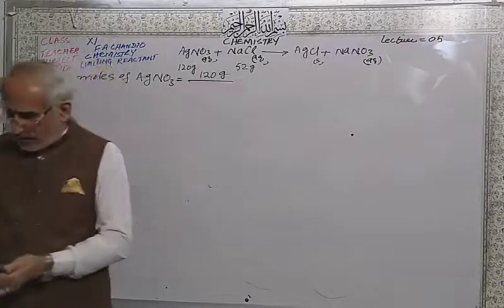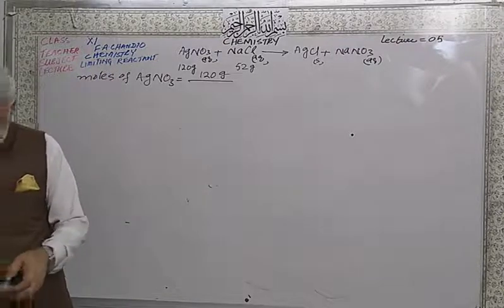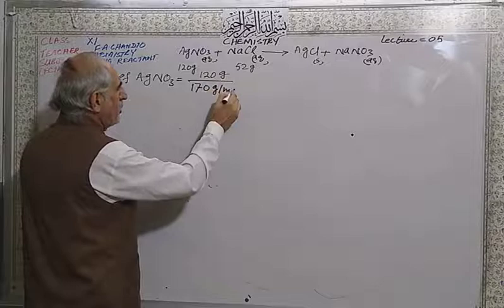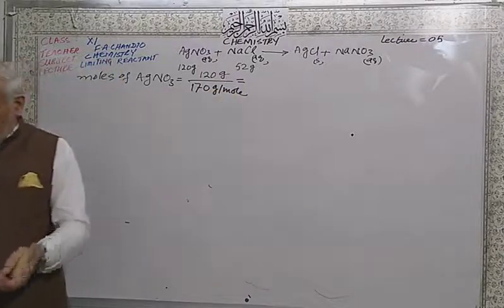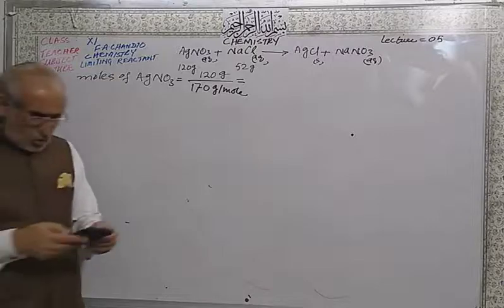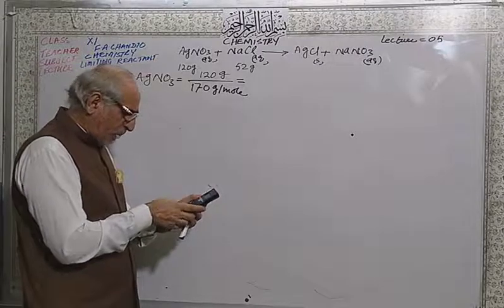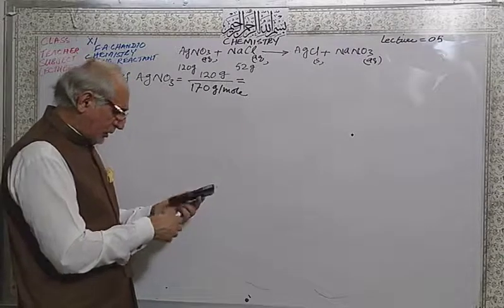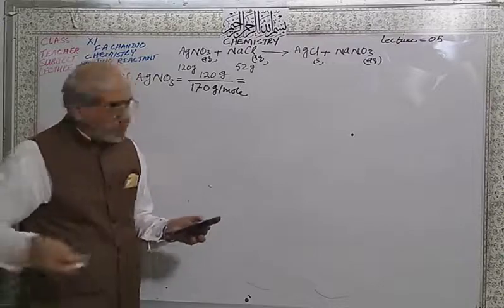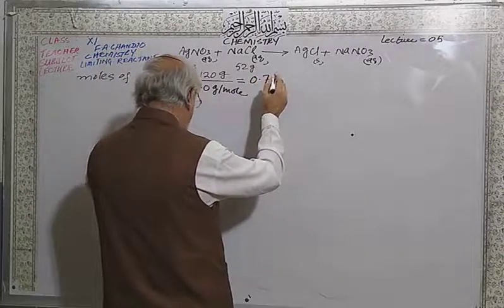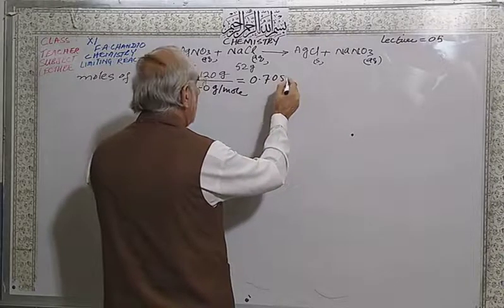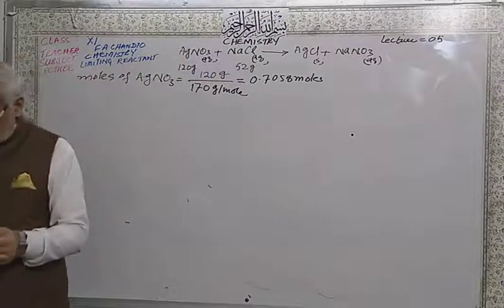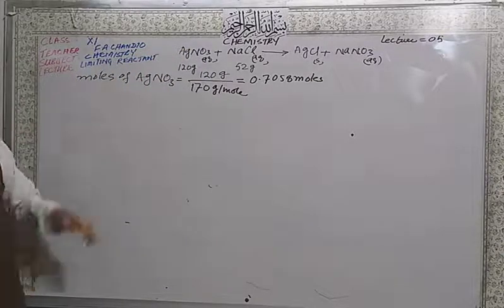So this will be 170 grams per mole. This is the molar mass of silver nitrate. Now calculate the number of moles: 120 divided by 170, you will get 0.7058 moles. These are the moles of silver nitrate.